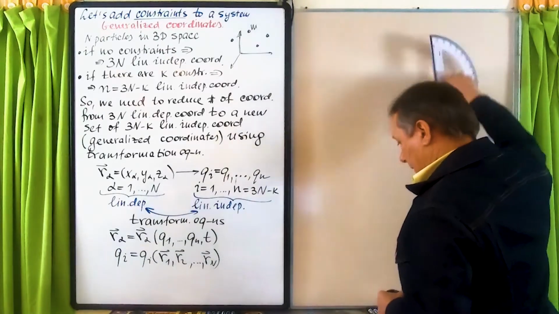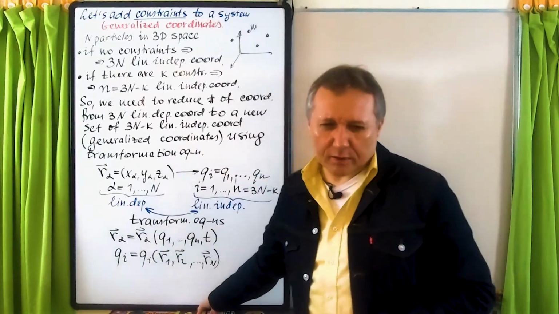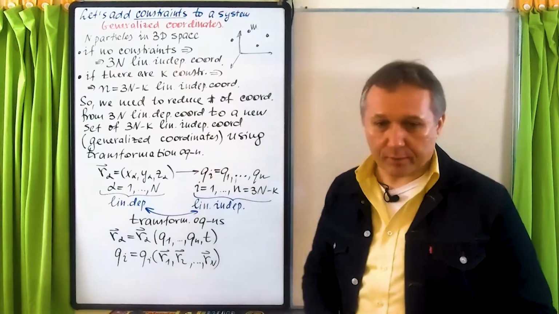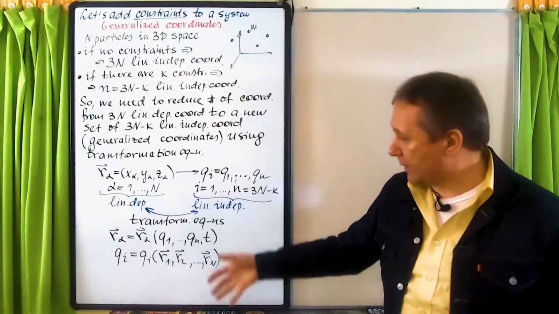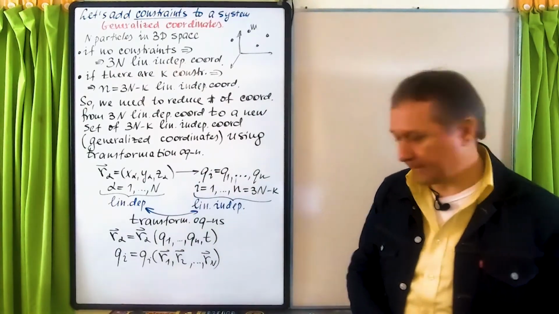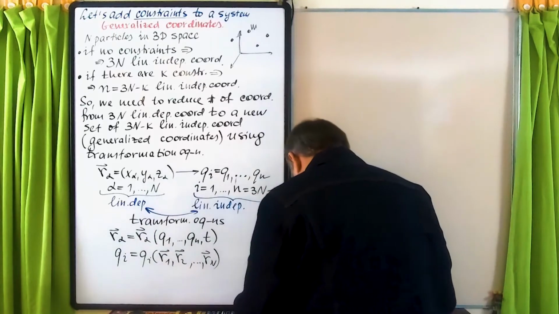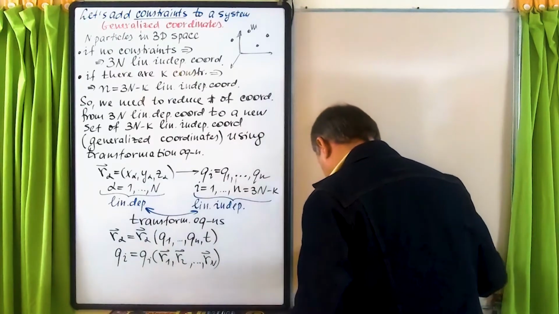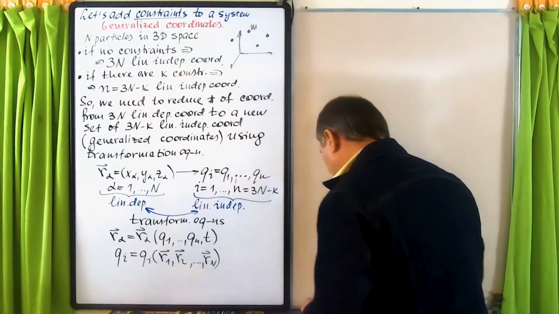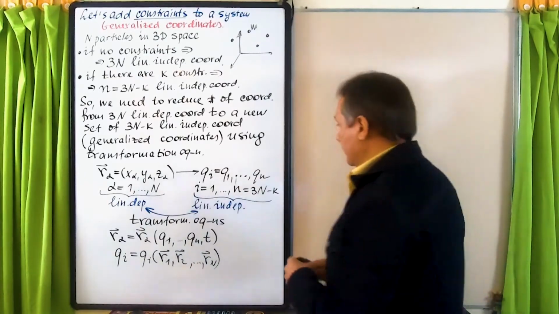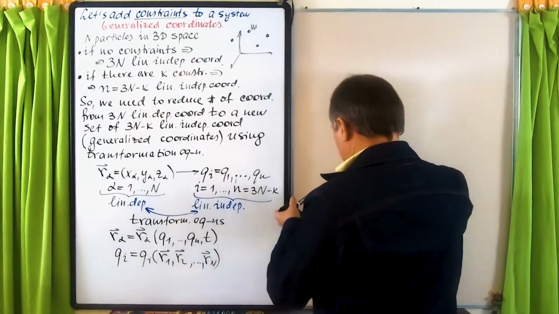So now let's look at a few examples of generalized coordinates and transformation equations. Right? So first, let's look at the simple pendulum. Examples. Let me write down.